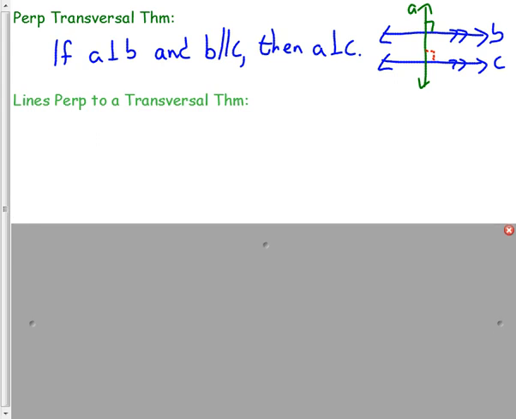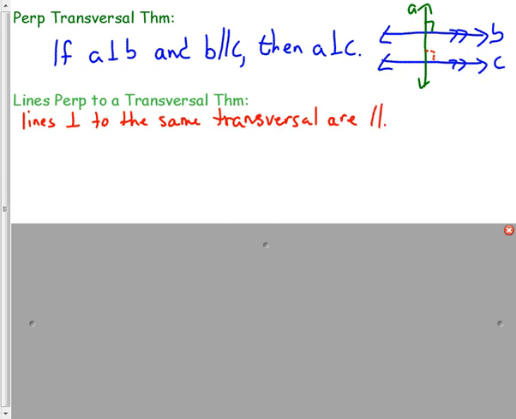Lines perpendicular to a transversal theorem. So if they're perpendicular to the same transversal, they are parallel.